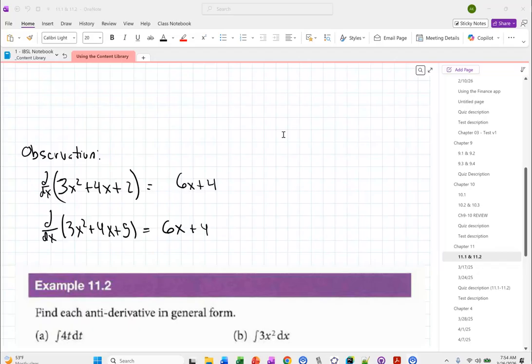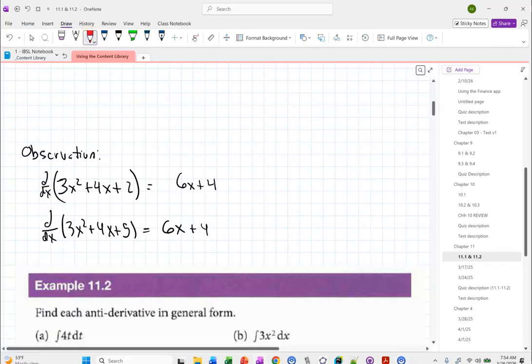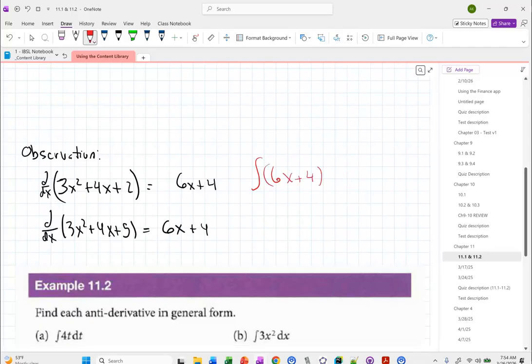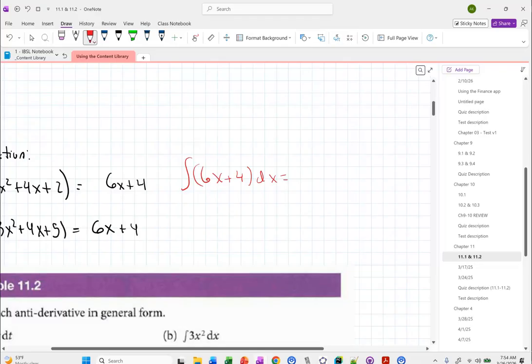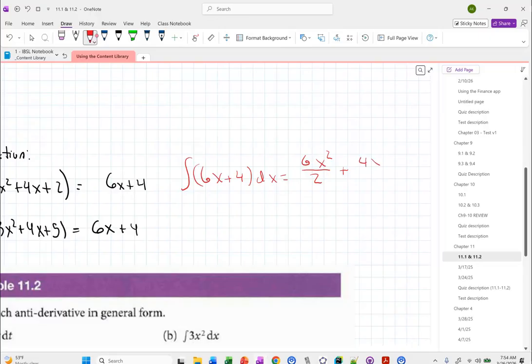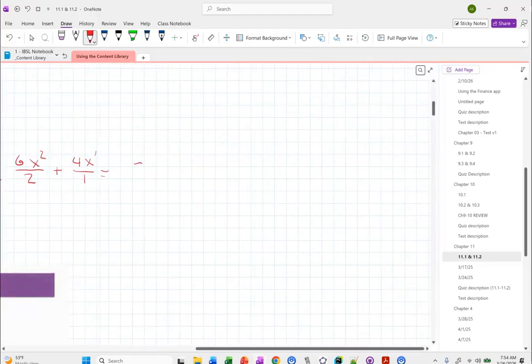And if I try to then take the integral of 6x plus 4, I would add 1 to the exponent and then divide by the new exponent. And really on 4, it's like 4x to the 0, so it's going to be like 4x to the first. So when I do that, I end up with 3x squared plus 4x.